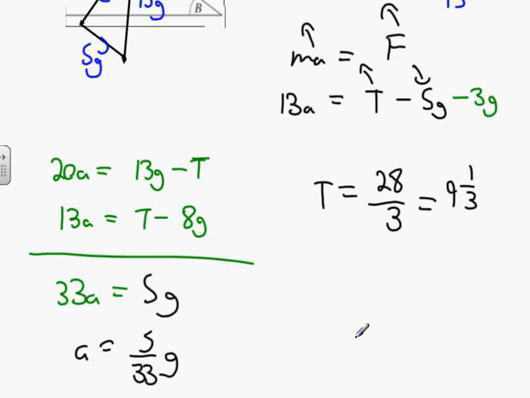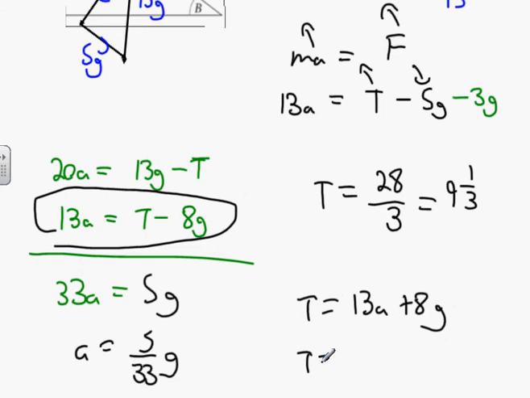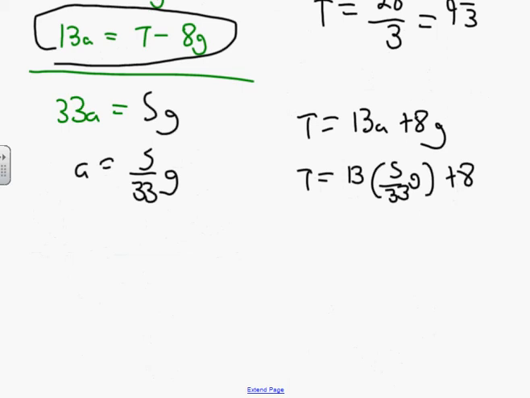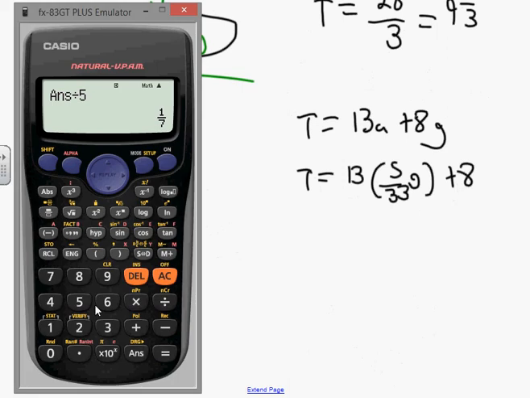T equals 13A plus 8G using this equation here. T equals 13 times 5 over 33 G plus 8G. Now what do we go for, 13 times 5, so 65, over 33 plus 8.